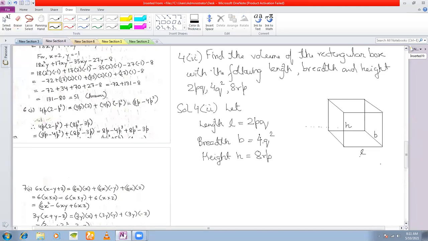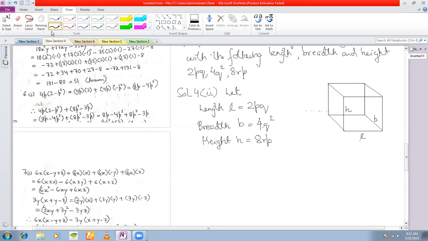Fine. So now you know that the volume of a rectangular box or a cuboid, therefore volume of the rectangular box, in brackets you can write cuboid for your understanding, is equal to L into B into H, right?